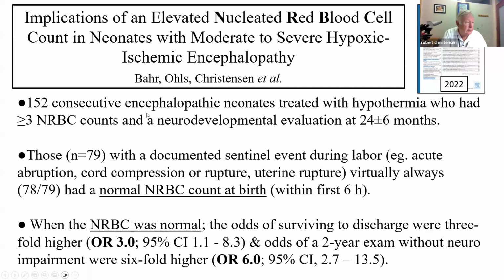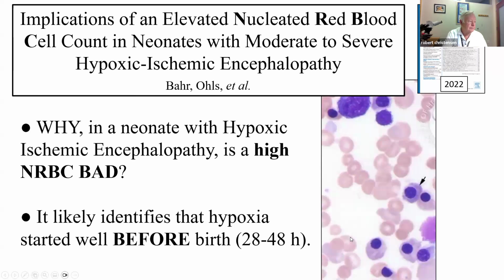And when that was the case, even though they could be quite encephalopathic and very acidotic, if the nucleated red cell count was normal, within those limits that I showed you, their odds of surviving to discharge were 3-fold higher than if the nucleated red cell counts were elevated. And at 2-year follow-up, their odds of having no neurodevelopmental impairment were 6-fold higher than those who had high nucleated red blood cell counts at birth.